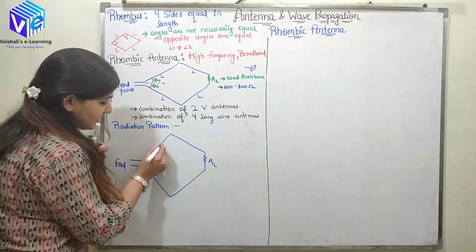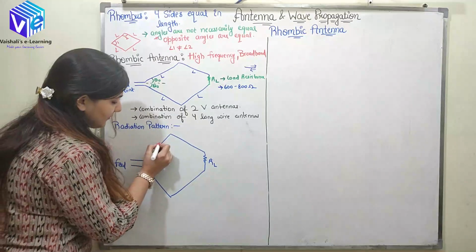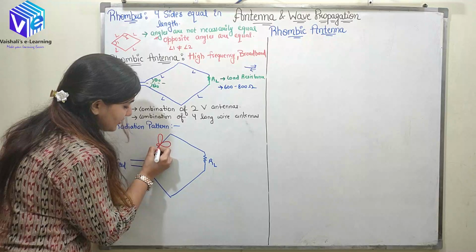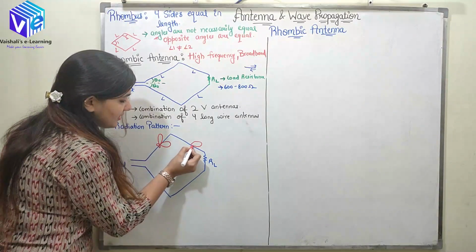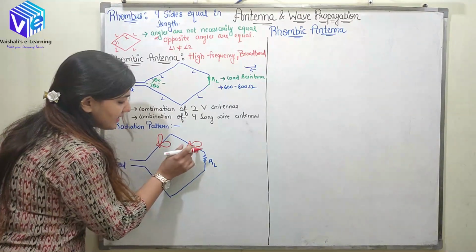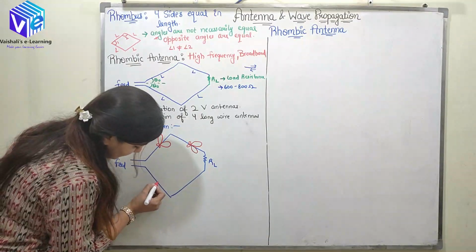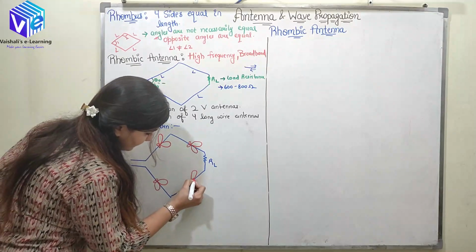If I see the radiation pattern of this long wire antenna, it is connected by load resistance, which means it has radiation in the forward direction only, and there are only minor lobes in the backward direction. Similarly, this is a long wire antenna. It has radiation in the forward direction and minor lobes in the backward direction. Similarly for these two long wire antennas.